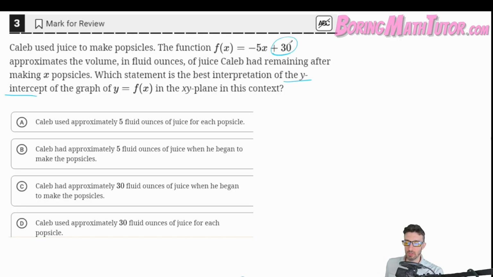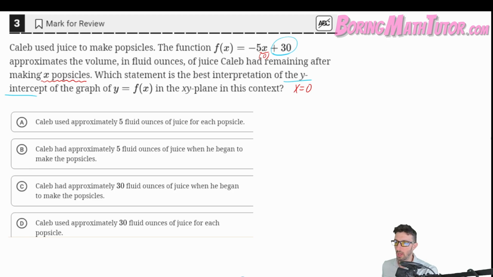All right, so here they are asking us what's the best interpretation of the y-intercept. Well, the y-intercept in this case is 30, but what does that represent? Well, x is the number of popsicles, and a y-intercept is always when x is equal to 0. So if x was equal to 0, then you would have 30.